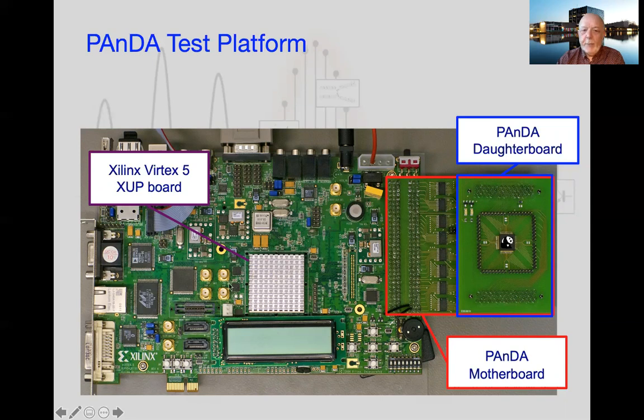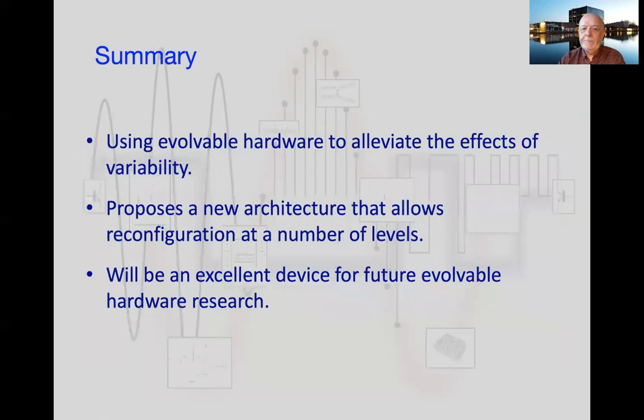Then on that board, we designed a motherboard to plug into the sockets on the FPGA board. And then we built a number of daughter boards, which allowed us to put our PAnDA chip, effectively connected through this to the PC. That allowed us to download programs to test the circuit, etc. So it's more work than just designing a chip when you do such things.